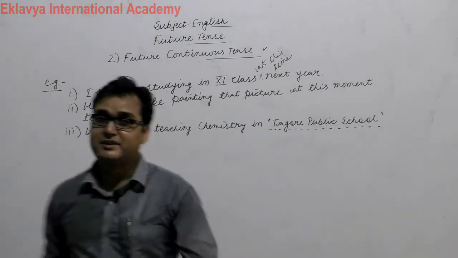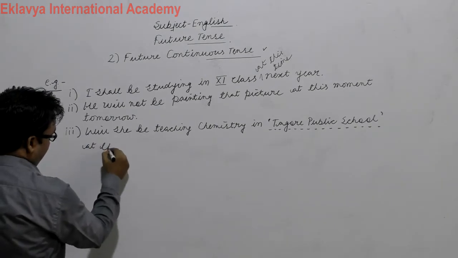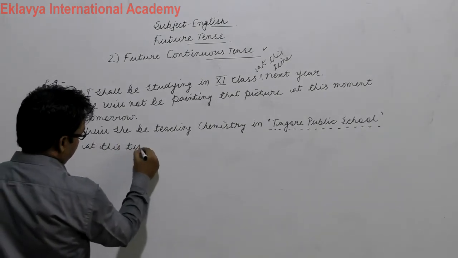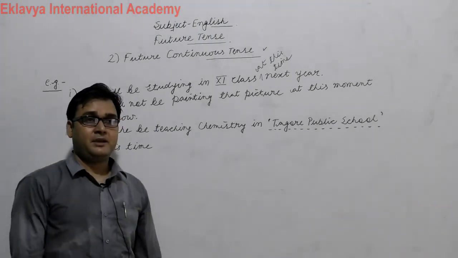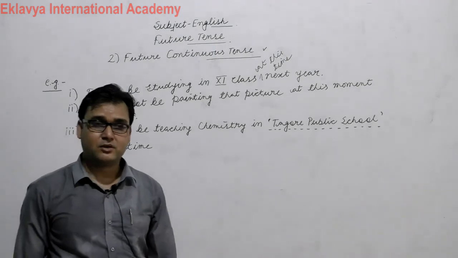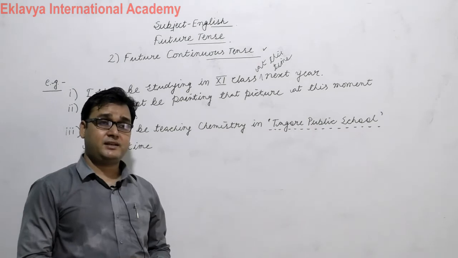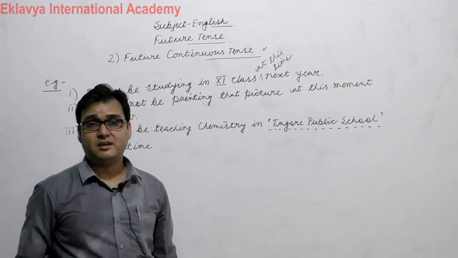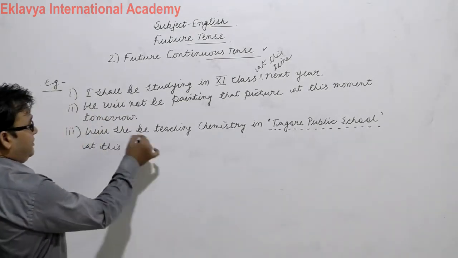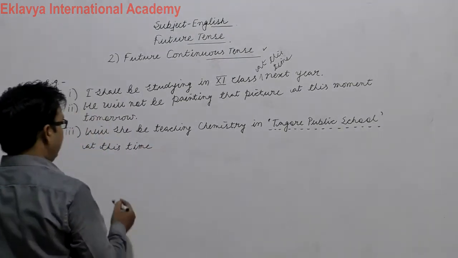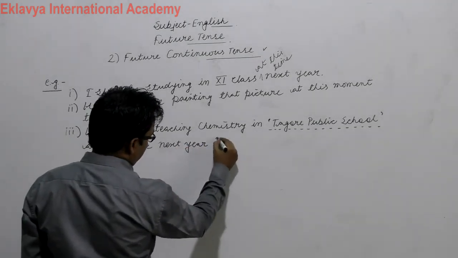Will she be teaching chemistry in Tagore Public School at this time? Don't forget that even without objects, your answer is right. In examples, we can find some adjectives or some complements, but the sentence will be right. Exactly, if you are not having an object in your sentence, but the sentence has the full sense of the given tense, it means that the example is right. Let's have: Will she be teaching chemistry in Tagore Public School at this time next year? Okay.